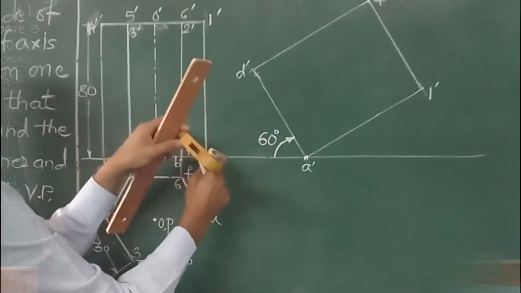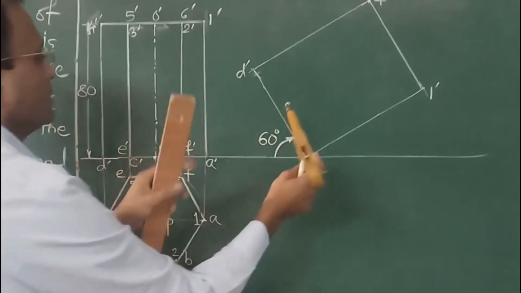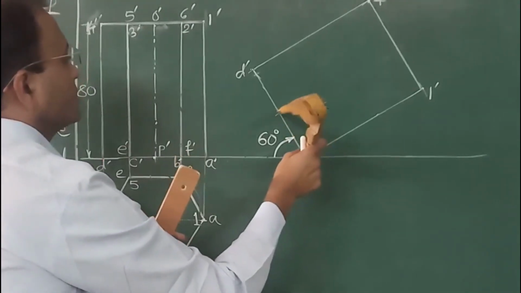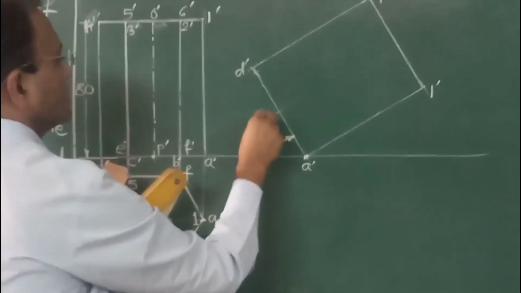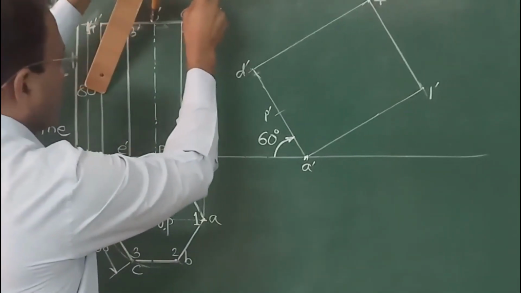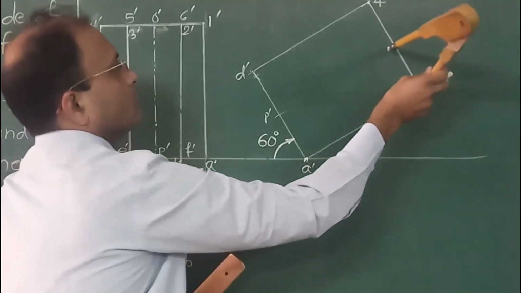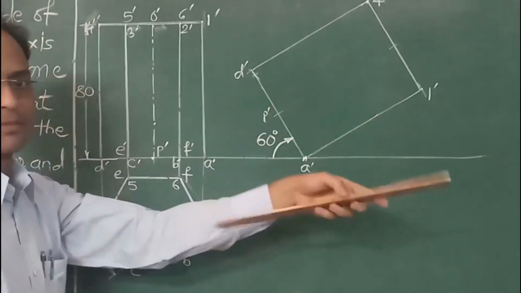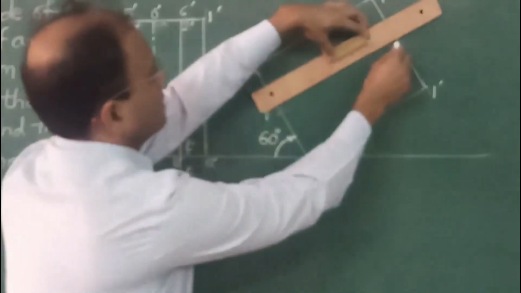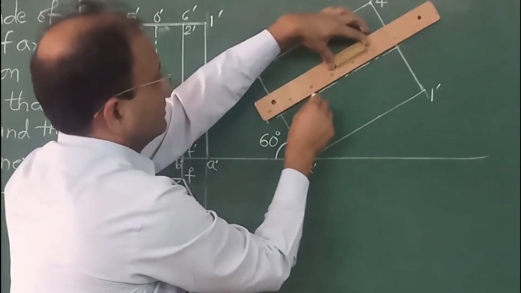For that we need to mark the center, that is the axis. So take distance A dash P dash, so this is point P dash. Similarly you can take distance 1 dash O dash, or if you are using a drafter then you can directly draw a line parallel to this, so that will make it very easy to draw.